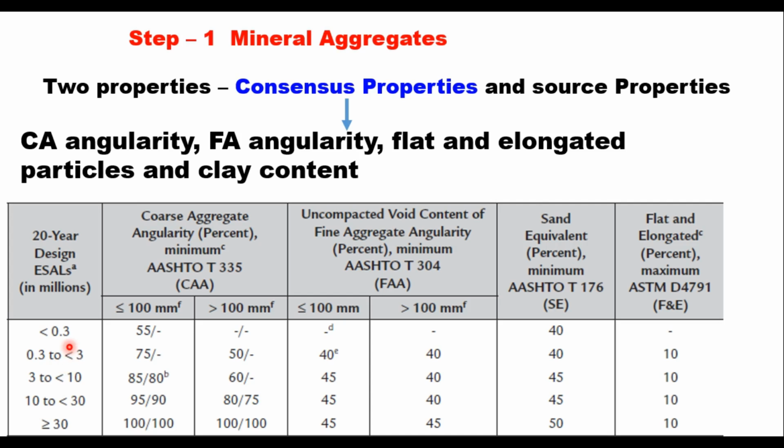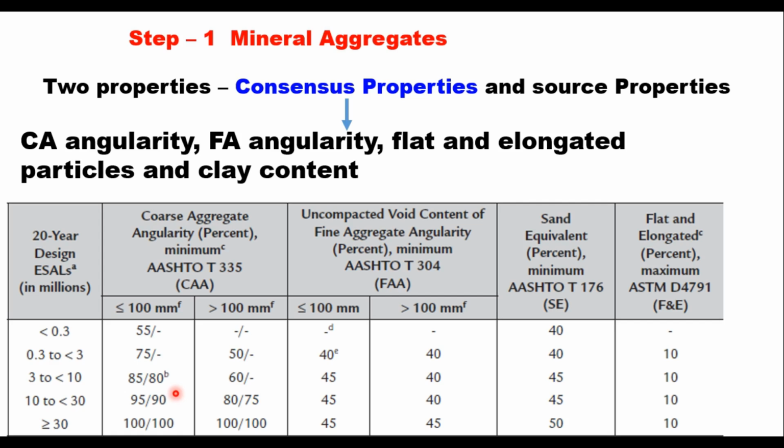For low traffic volume, we can relax the properties, but for high traffic volume, you should restrict to the specification as far as possible. Now here 85/80 means that 85% of the coarse aggregate will have one or more fractured faces, whereas 80% will have two or more fractured faces.